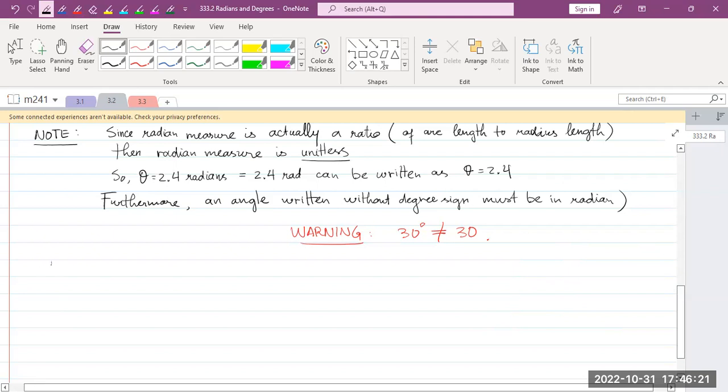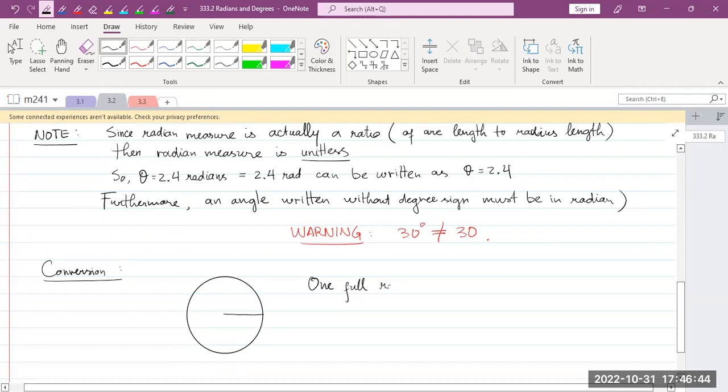Conversion. It starts from one full circle. One full circle corresponds to 360 degrees. I think I should call that one full rotation.